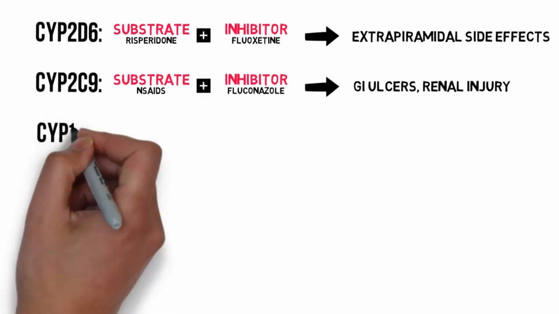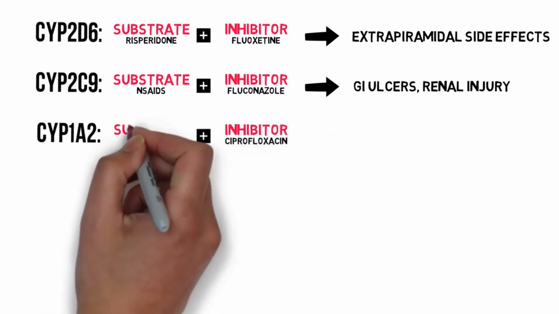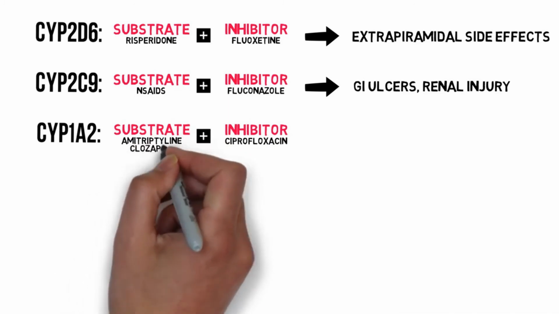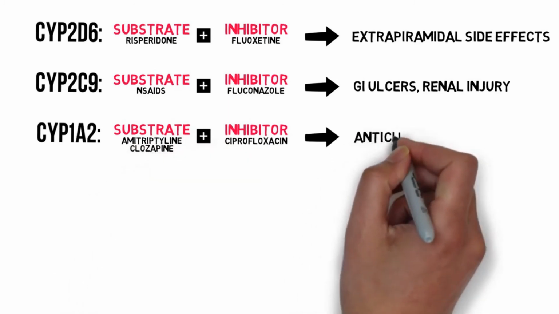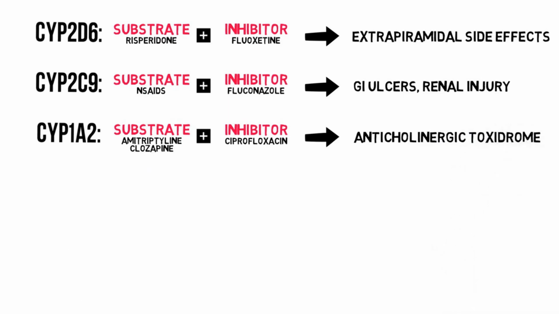For CYP1A2, it is important to know that ciprofloxacin is a strong inhibitor, causing a more than 5-fold increase and thus possible toxic levels of amitriptyline, a tricyclic antidepressant, and clozapine, an atypical antipsychotic.